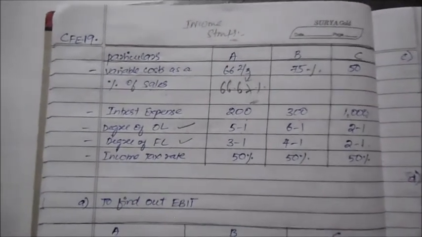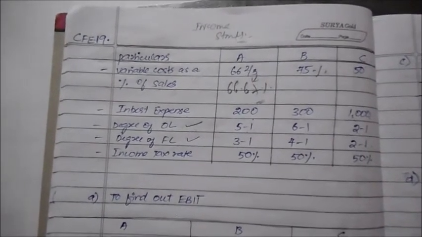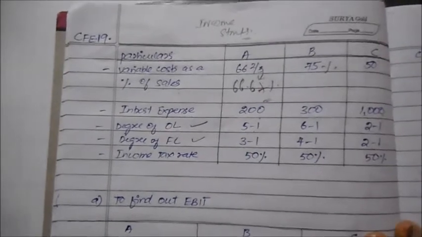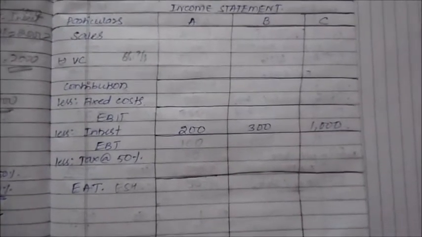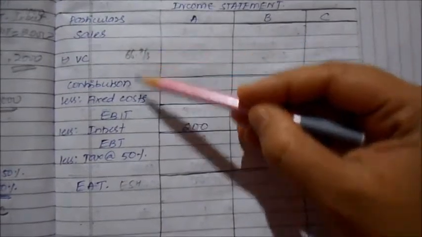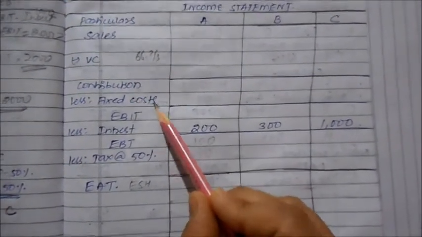Now the question is, till now we've been dealing with problems which have given either direct sales, contributions, or EBIT. Now this is one question that is completely indirect and full of missing figures. So initially what you're expected to do is start preparing the income statement. With the help of the income statement, we have written all the information first, that is sales, less variable cost will give you contribution, less fixed cost, EBIT.